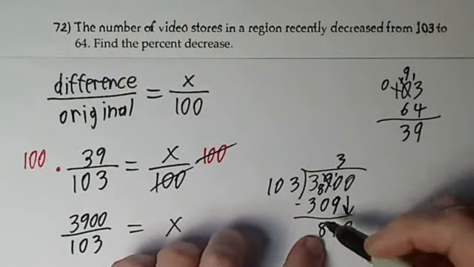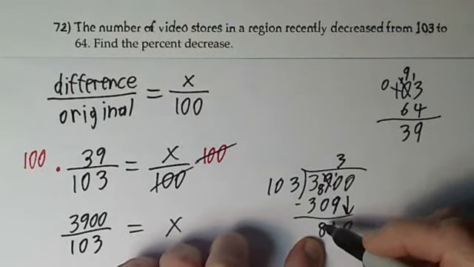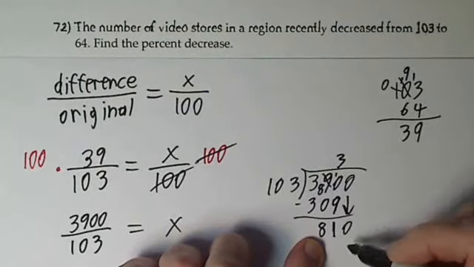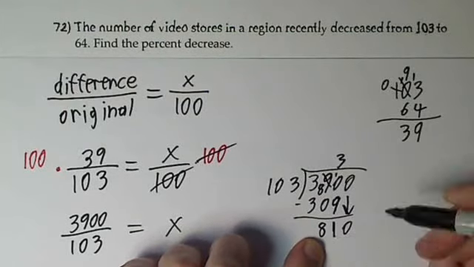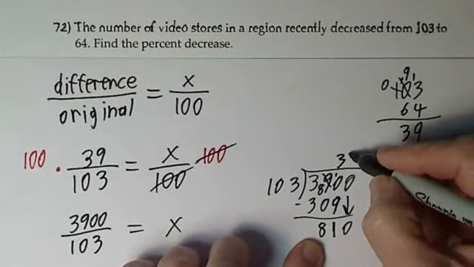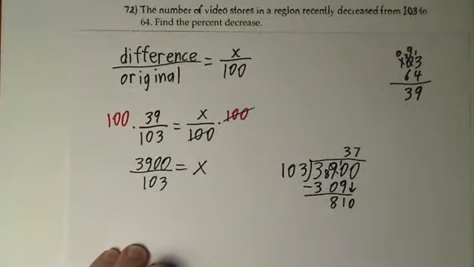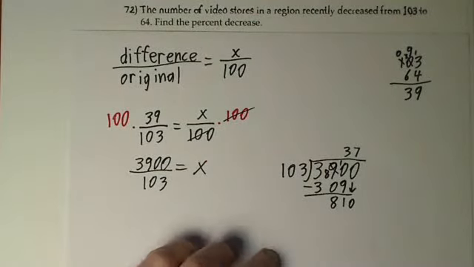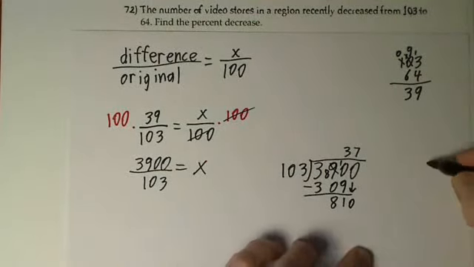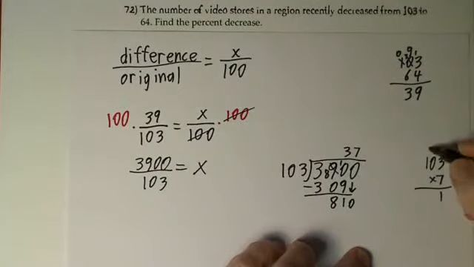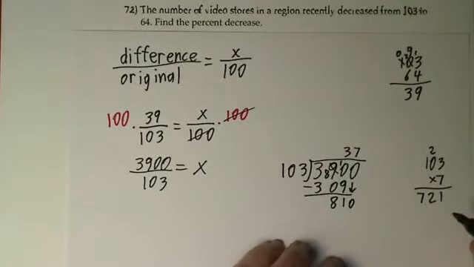If I say it'll go in here 8 times, notice this 3 will cause it to be 824, so 8 won't work. We'll have to go with 7. So 7 times 103 gives us 721.